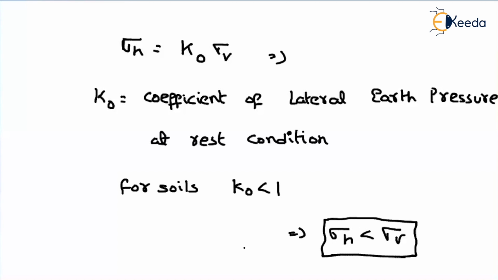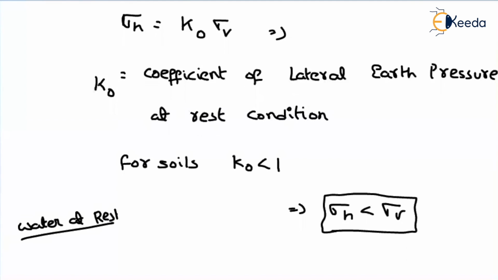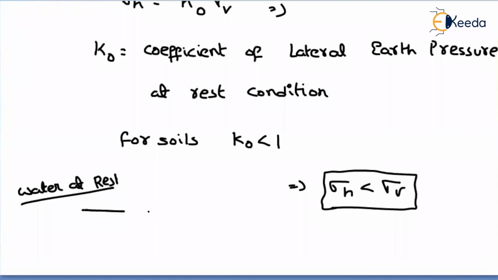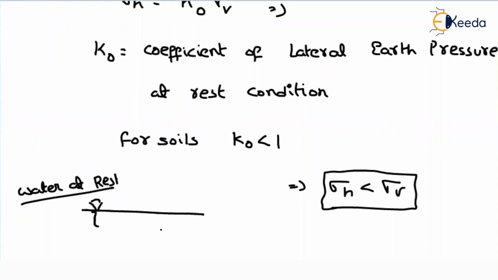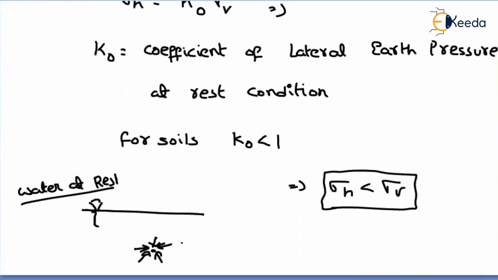Suppose we are talking about water at rest, do you know what will happen if your water is at rest? Let us say you are talking about a lake, and any point in the water, what is the pressure acting at that point? If you remember Pascal's law, whatever the direction you consider, the stress will be the same.